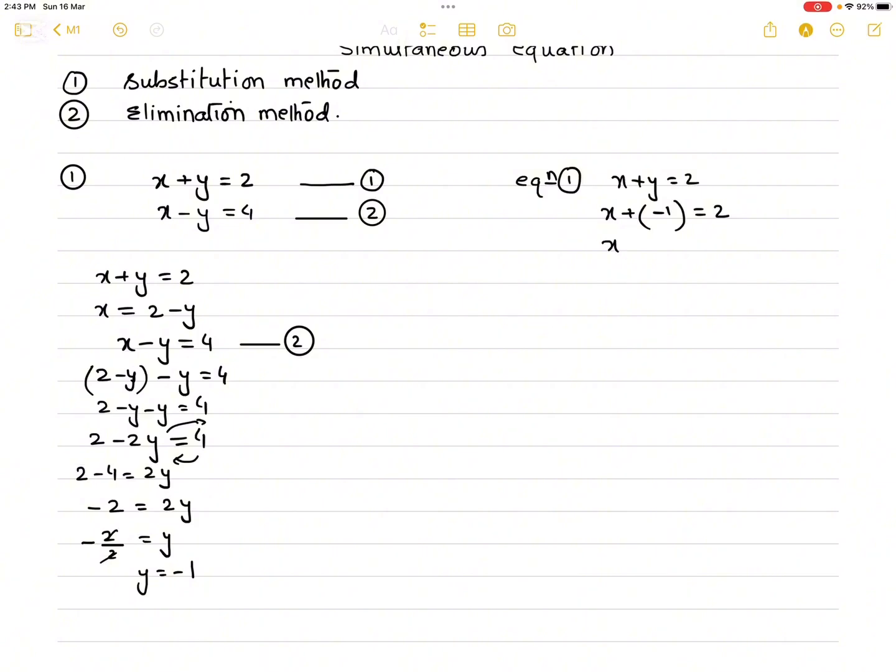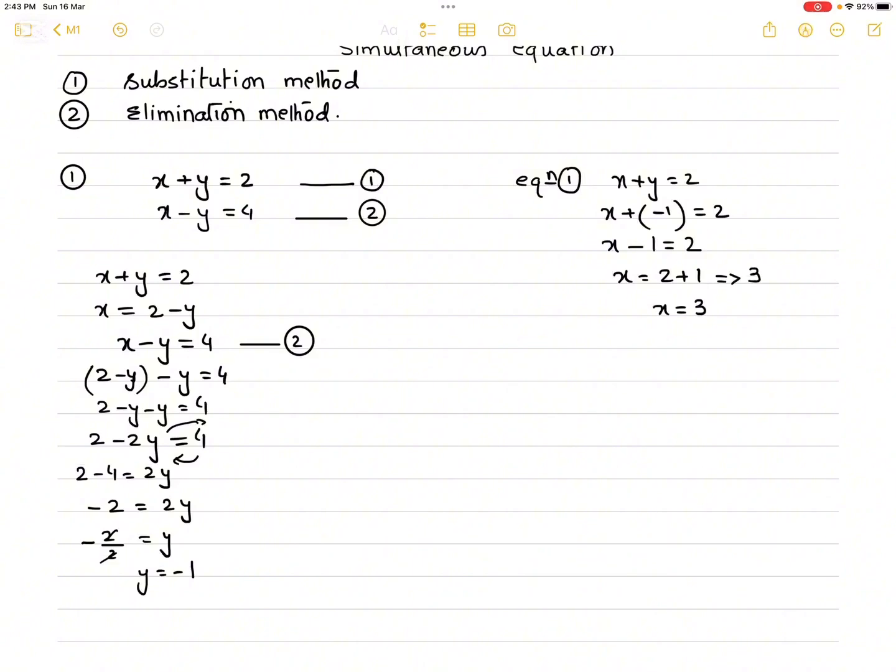So x plus minus is minus, x minus 1 equals 2. So x is equal to 2 plus 1, which is 3. So my value of x equals 3.